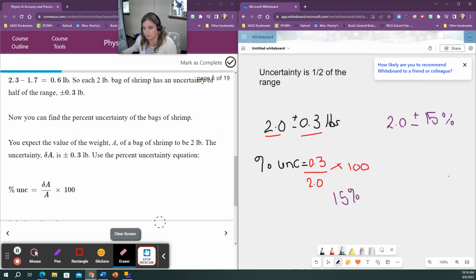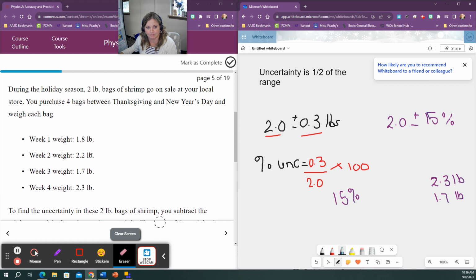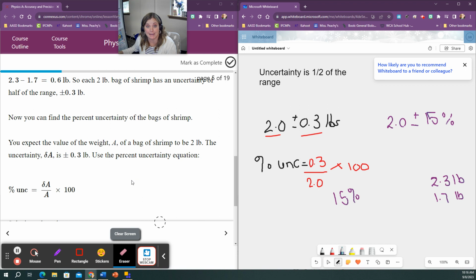So it's generally between 2.3 is the highest value, right? And the lowest value would probably be 1.7. So you can actually get the range back. Isn't that cool? 2.3 to 1.7, just by knowing that percentile.